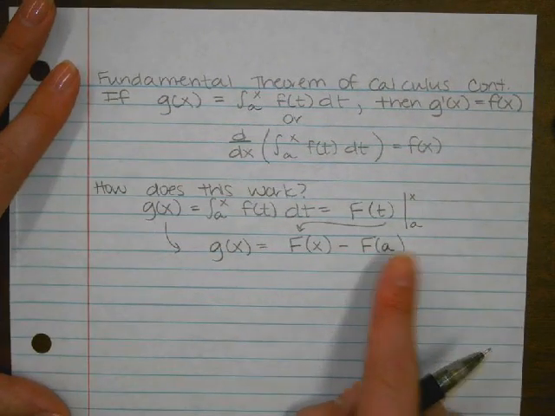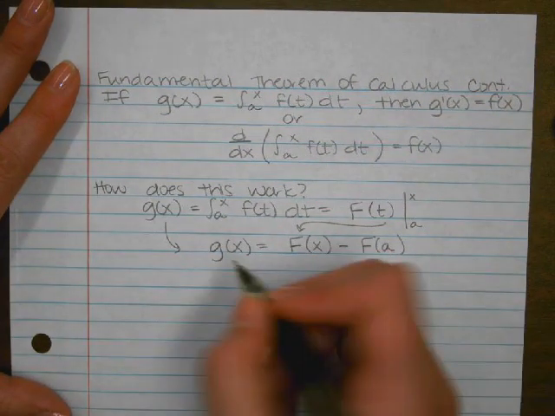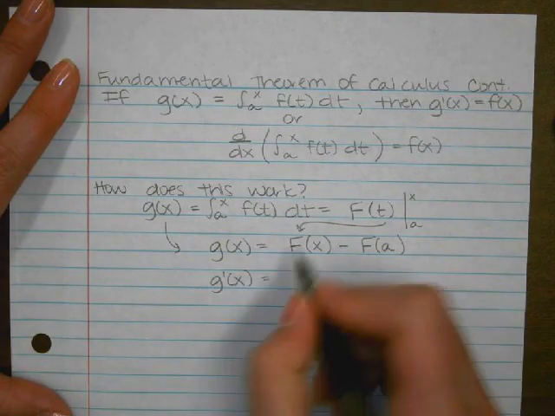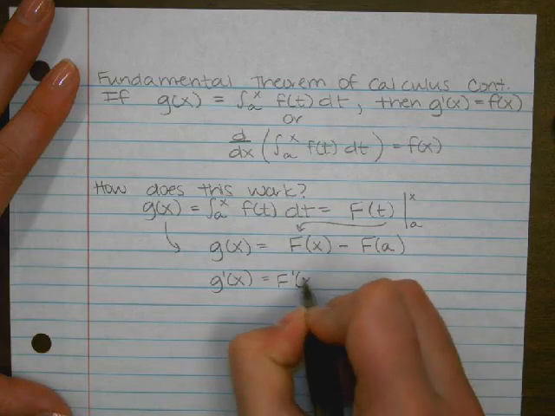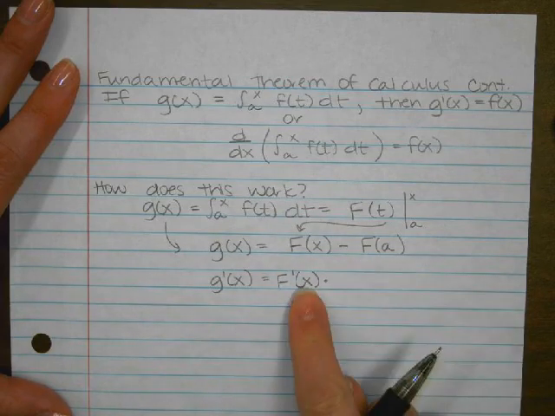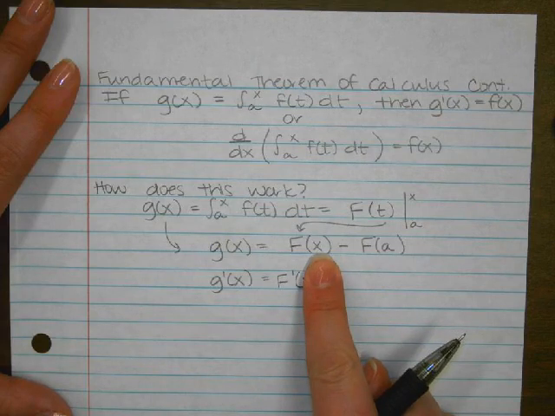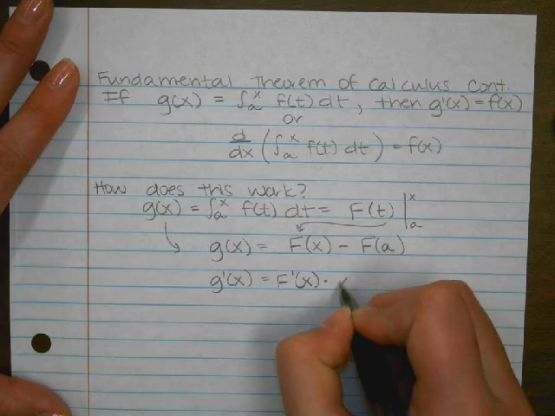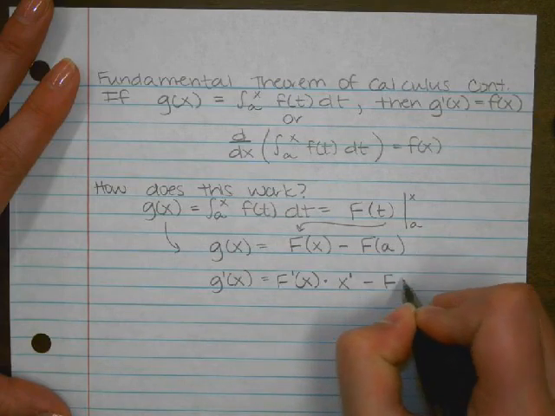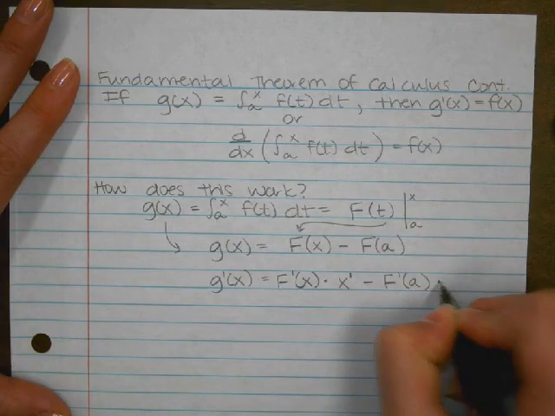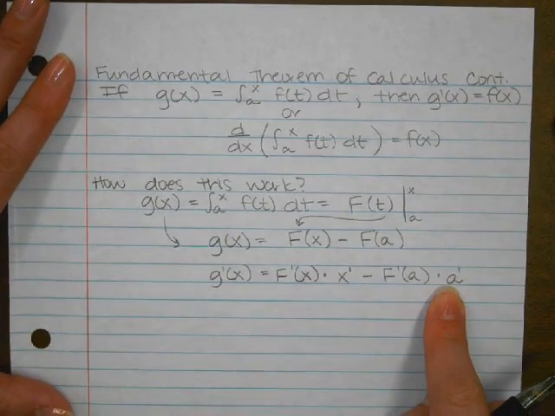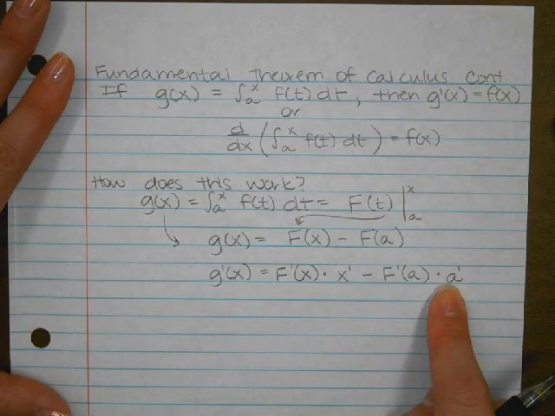Then if we take the derivative, g prime of x is the derivative of this function, which is capital F prime of x. And whenever we do that, we always multiply by the derivative of the inside. So we're doing the chain rule here, times x prime, minus capital F prime of a times a prime. And a right here is representing a constant, some sort of number.